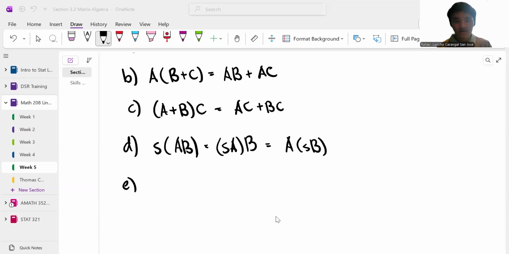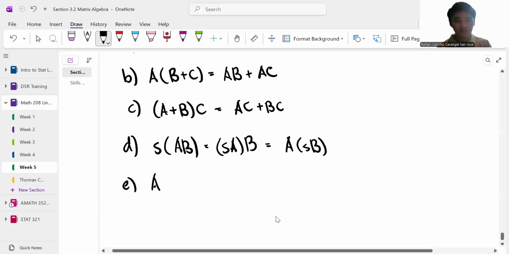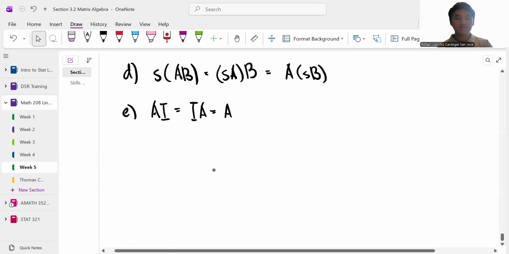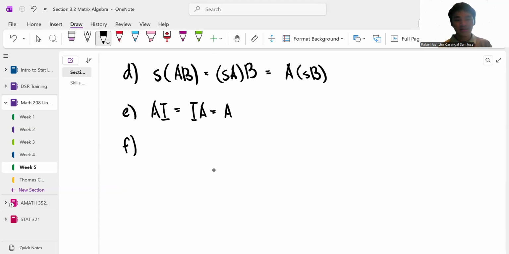And then we talked about, actually I'll put this in one column, AI is IA. So this is one of those cases where when we reverse the order of multiplication of matrices, it's still the same thing because I is an identity matrix, right? So, that's it.